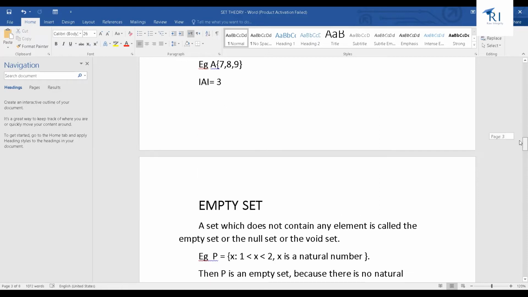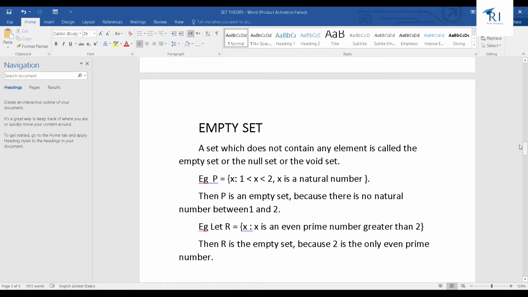Now empty set. An empty set is a set that is void, it has nothing. That's known as an empty set. I'm going to show you how it's represented here.